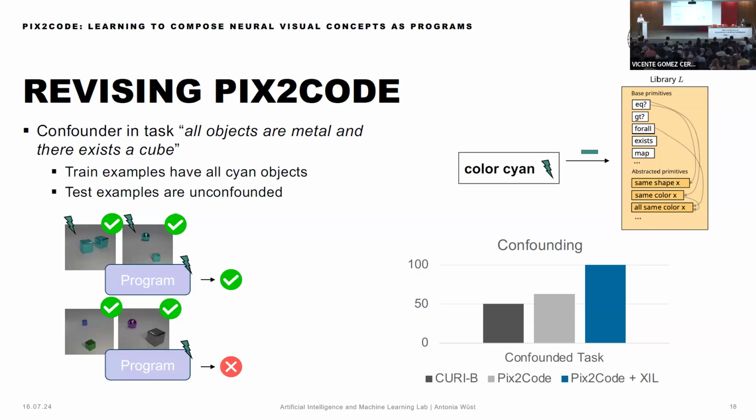Hi, thanks. Thanks for the nice presentation. My question is partially related. Your method depends on the symbolic dictionary that you give to build these programs, if I understand correctly. You showed us this confounding example in which you remove something from the library to remove a confounder. But what about the other way around?